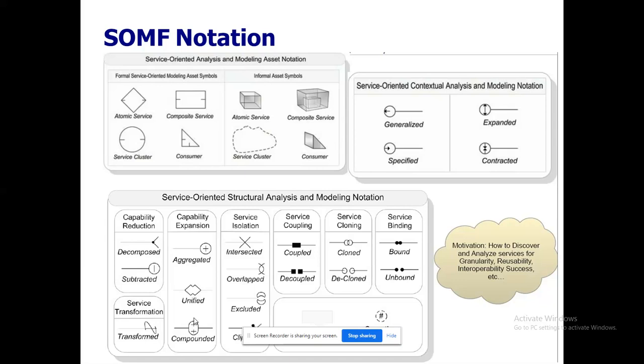See that first box, that means service oriented analysis and modeling asset notation. So in assets, what are all the terms that are coming? Consumer, that means the person who is requesting the service.